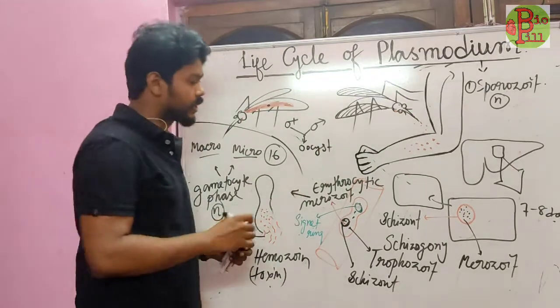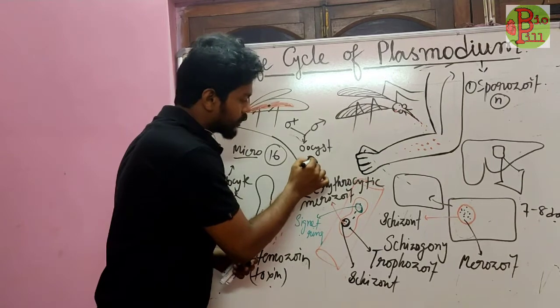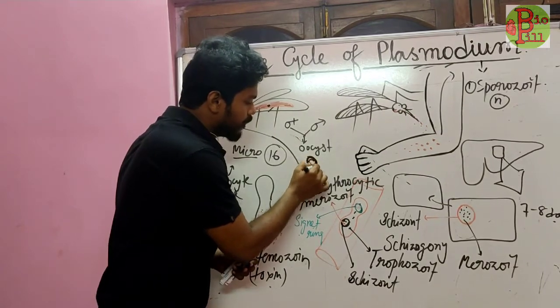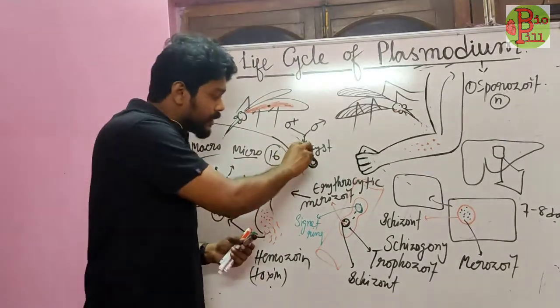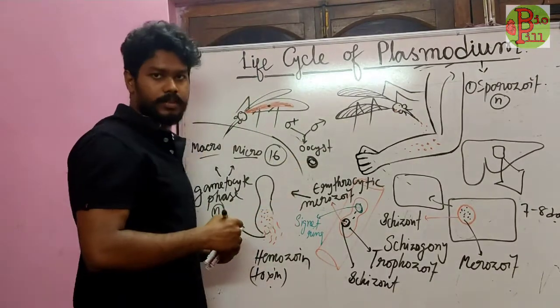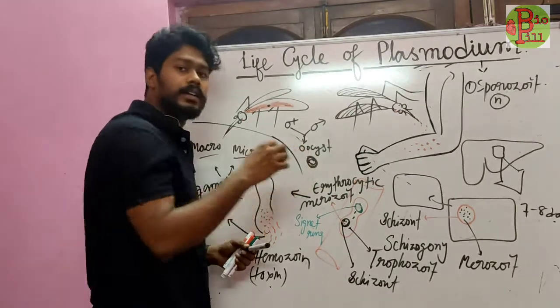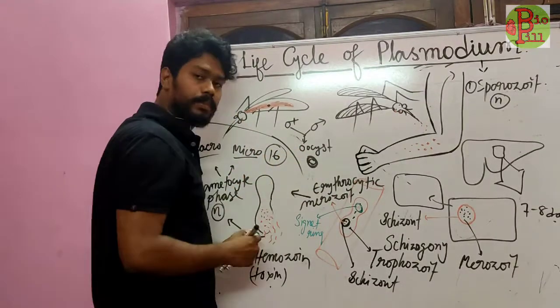Oocyst is a kind of structure where the zygote is covered with a hard-like structure.